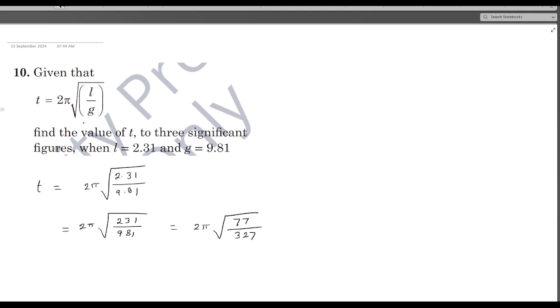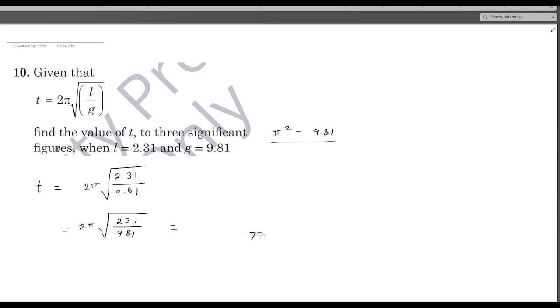Wait, what we can do, this pi, the value of pi is 3.14, and if you do pi square, it is somewhere near to 9.81. Pi square, okay, the value of pi square will be 9.81. So let us use that concept.